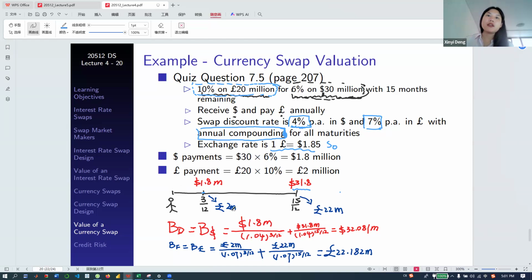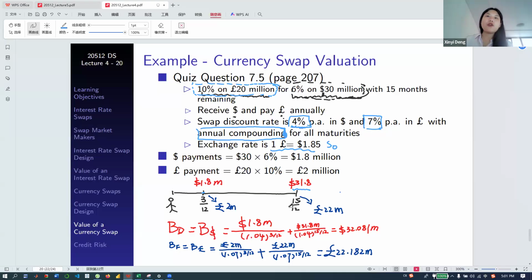For these two terms, we are discounting these two projections back to the current time, back to here. And we sum those two present values together. That's going to be equal to the value of the domestic currency bond price today.